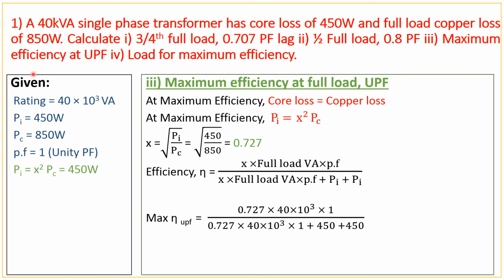Because they have mentioned in the question that maximum efficiency at UPF means unity power factor, so it is 1. So 0.727 into 40 into 10 to the power 3 into 1, divided by the same plus 450 plus 450, or 2 into 450, and you will get the maximum efficiency at unity power factor equal to 0.97 or 97%.